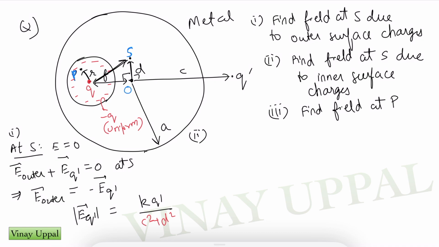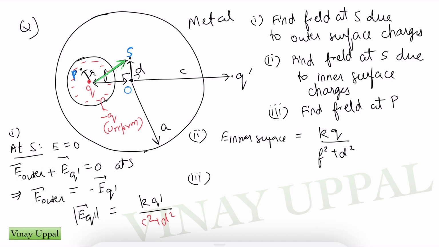So I can just directly say that the field due to the inner surface would be, in magnitude, KQ by R squared. R is the length of this green arrow. So that will simply be f squared plus d squared. And of course the direction will be towards the center of the spherical cavity.